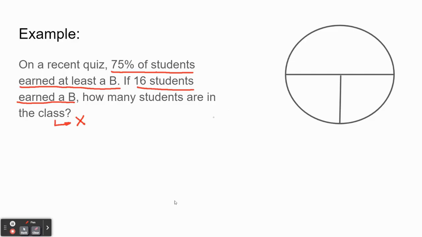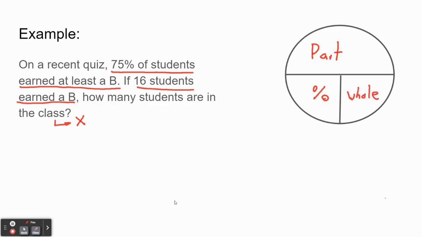To help us figure out what we need to do, we can use this circle over here. Copy this into your spiral, and on the top we are going to put part. In here we're going to put a percent sign, and in the last fourth we're going to write the word whole.